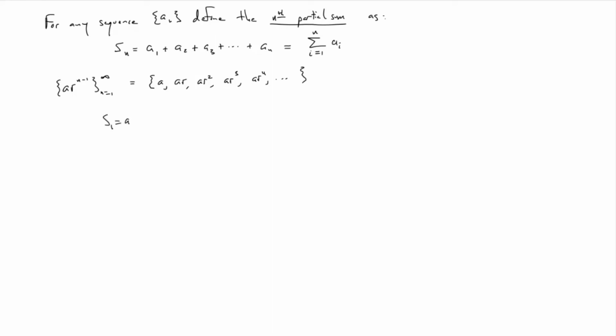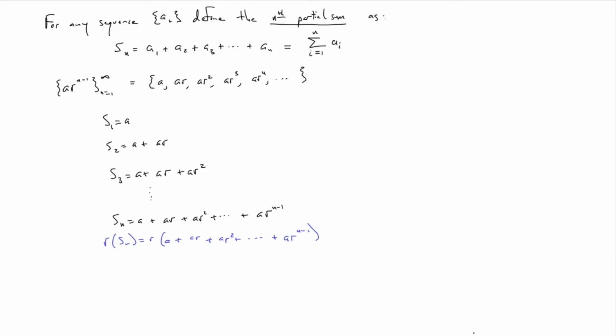Then the nth partial sums are: s sub 1 is equal to a, s sub 2 is equal to a plus a times r, s sub 3 is a plus a times r plus a times r squared. And in general, the nth partial sum of a geometric sequence is a plus a times r plus a times r squared, etc., all the way up to a times r to the n minus 1.